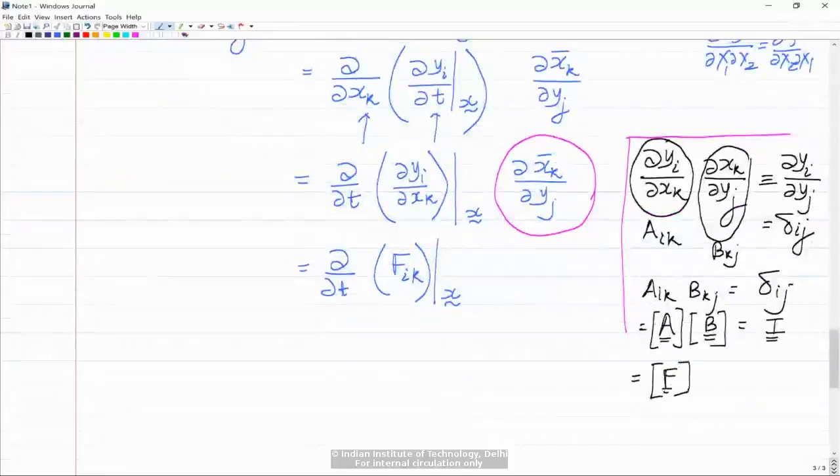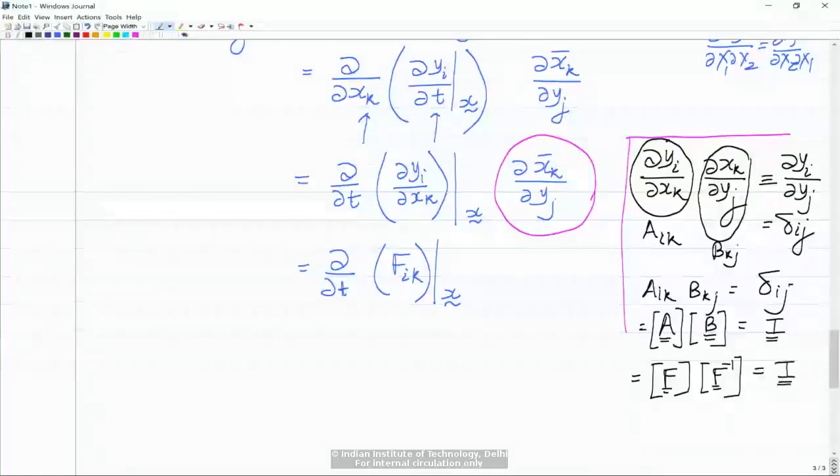Because it is del yi over del xk. So this matrix A is actually your deformation gradient, the matrix of deformation gradient. So this B must be the inverse, right? The matrix of inverse of big F. Only then it can become identity. So this B is actually big F inverse.